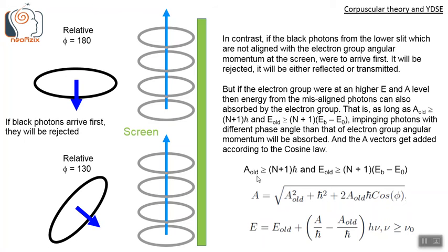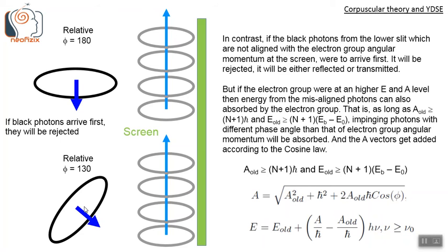So if A old was the initial total angular momentum of this group of electrons, and h bar is the angular momentum of the incoming photon, and these two are aligned at some angle phi, there is a phase difference between the incoming photons and the electron group.